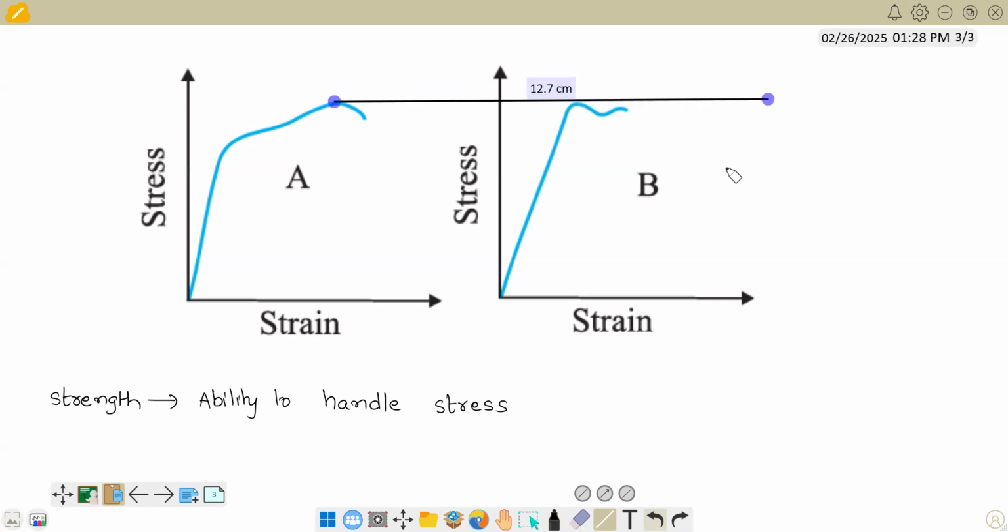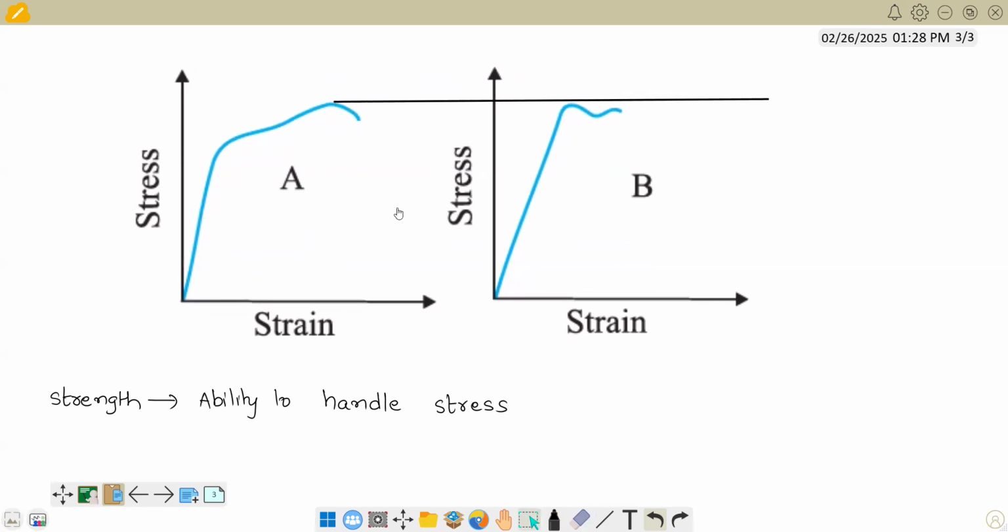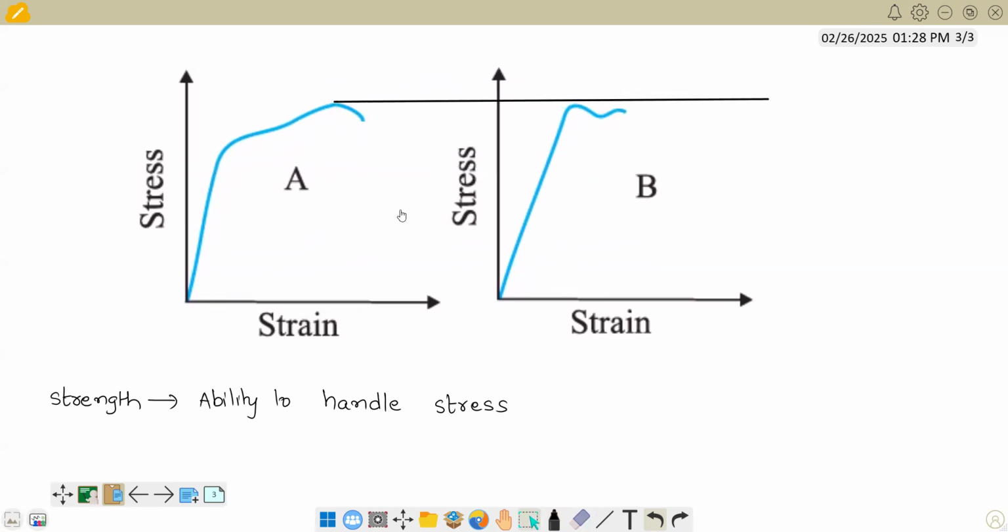Like they are not exactly matching. If you take the highest point of this one and you exactly match it here, so you will notice there is a slight gap. You can take a scale and place it on the textbook and check it. You will notice that the first material is at a slighter elevation than the second material because they are drawn to scale.